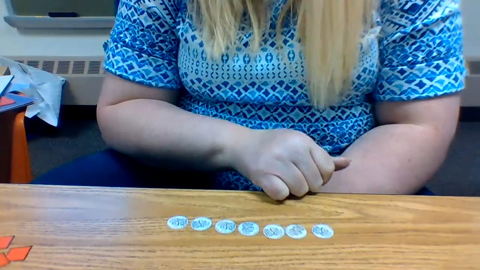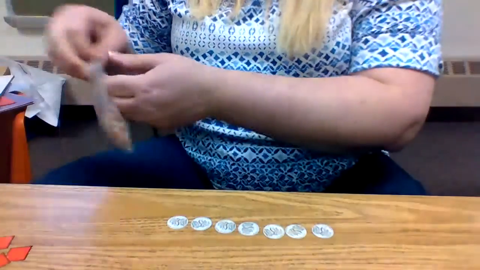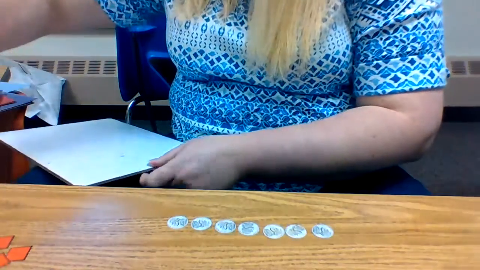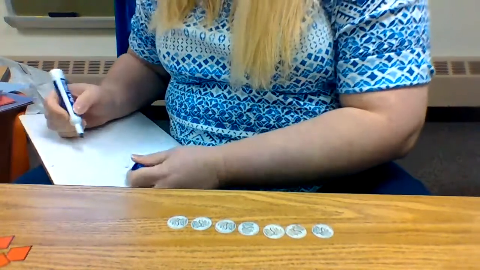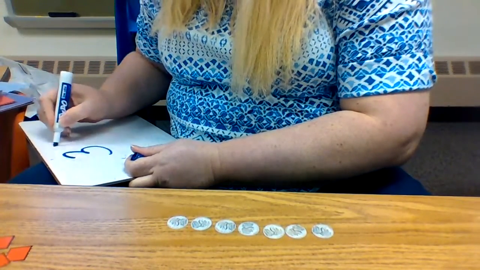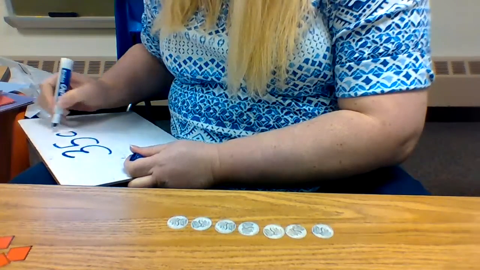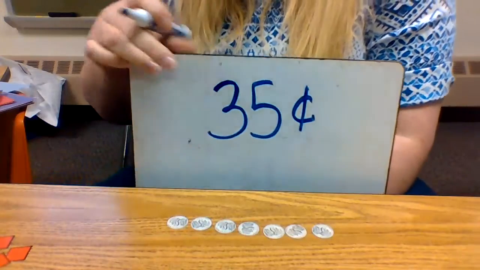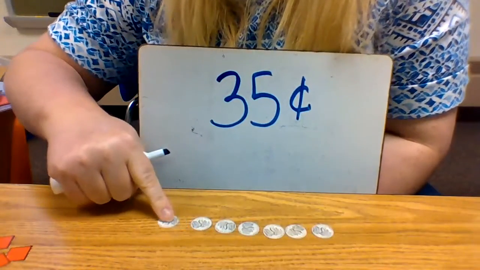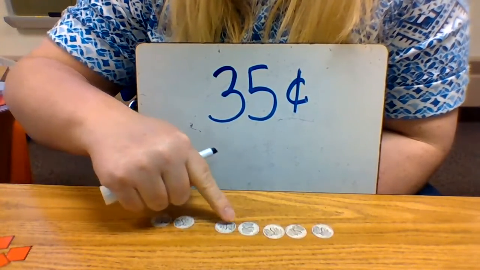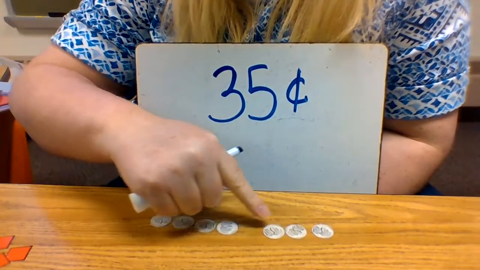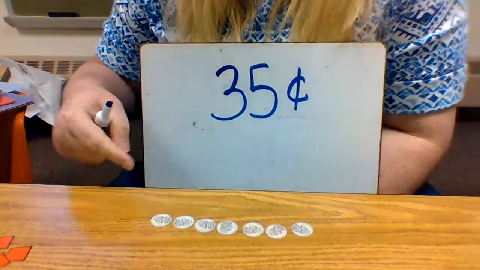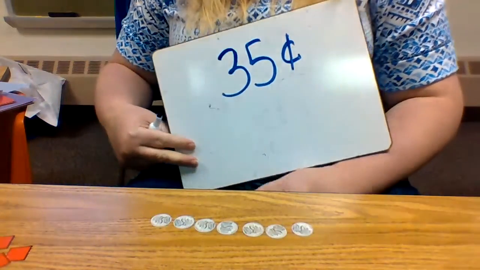So I have 35 cents. I'm going to write that on the dry erase board so you know what it looks like. 35 cents. That's how you write 35 cents. Want to count with me again? 5, 10, 15, 20, 25, 30, 35. So I have 35 cents.